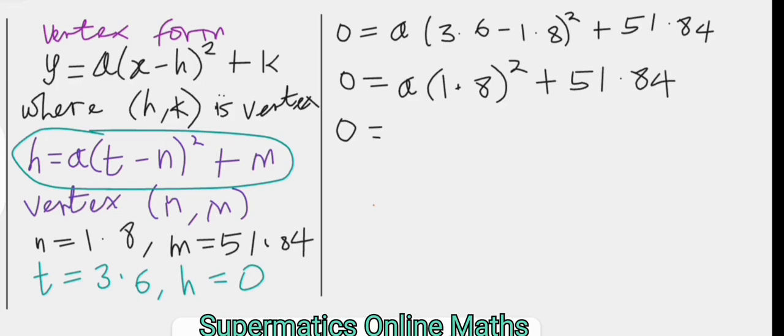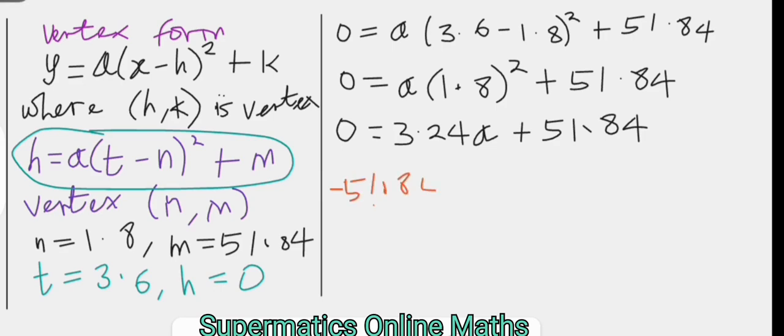0 is equal to, the square of 1.8 is 3.24, so we have 3.24a plus 51.84. We subtract 51.84 from both sides, giving us on the left-hand side negative 51.84, and on the right it is 3.24a.